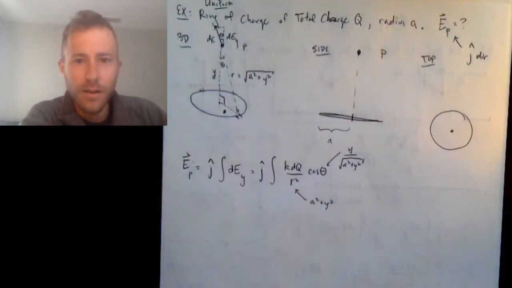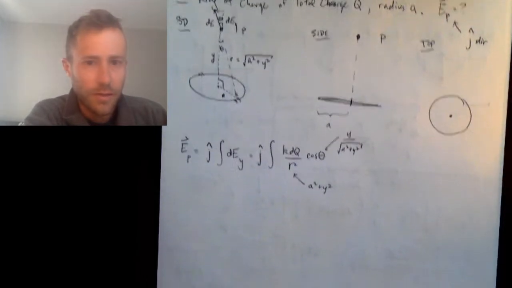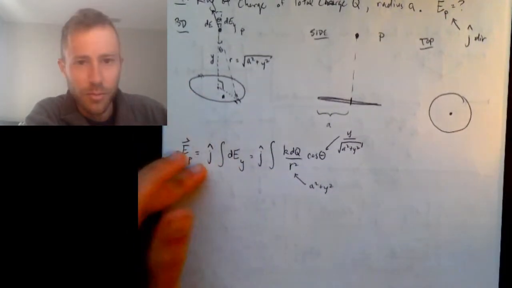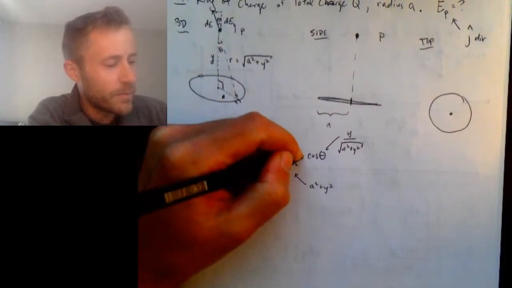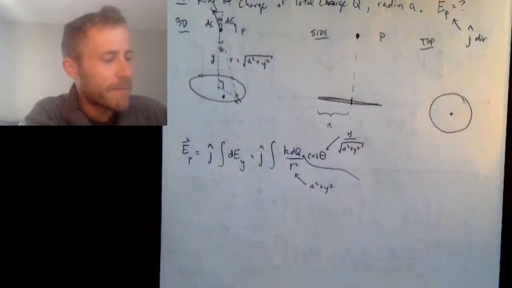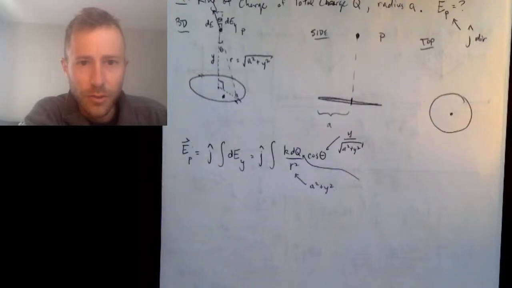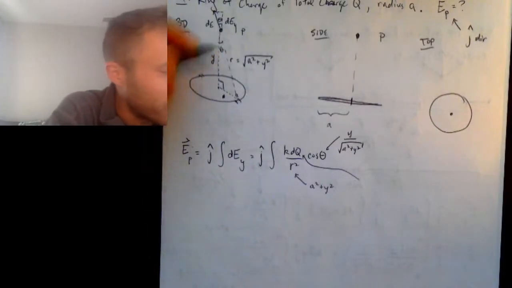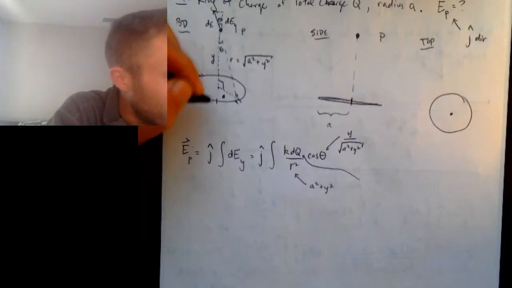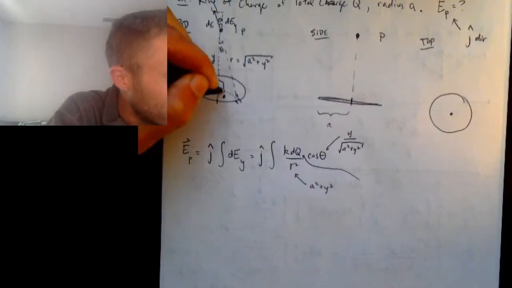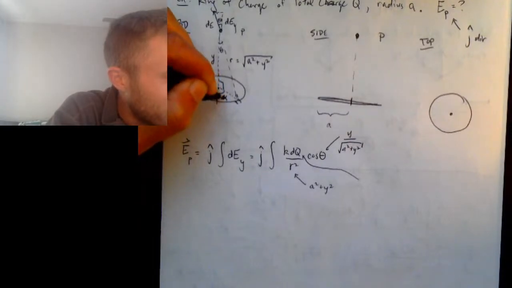And then a little bit trickier. The trickiest part of this one is probably figuring out what is dq. The reason that it's a little bit tricky is we basically have two angles. We have this angle theta, and we have another angle which I'm going to call alpha.